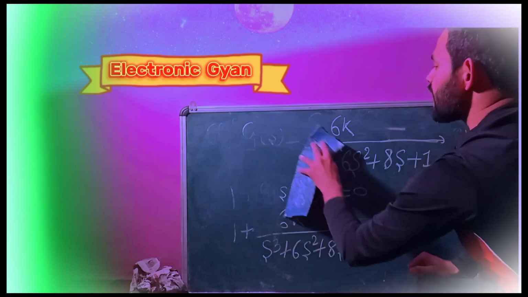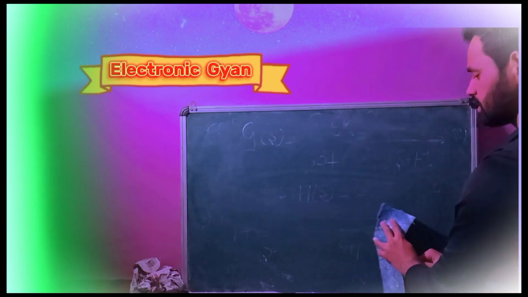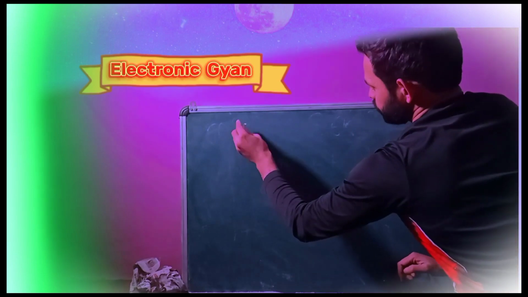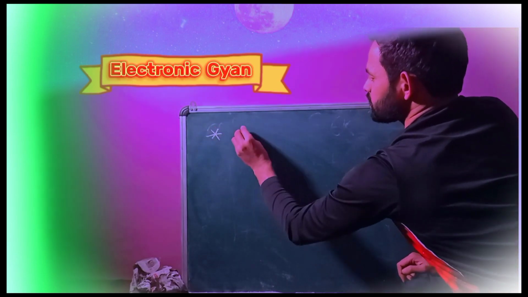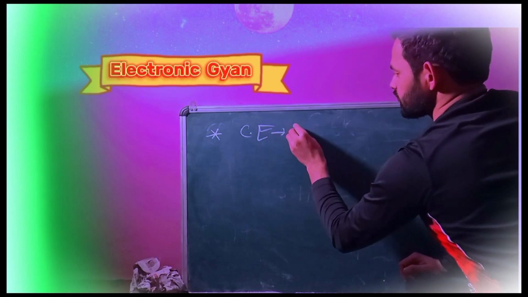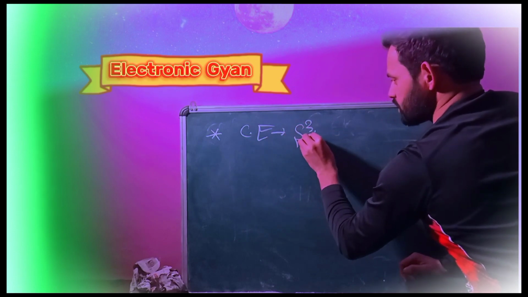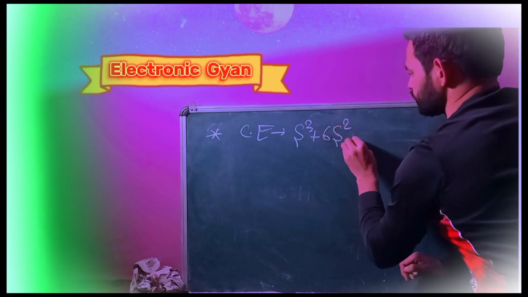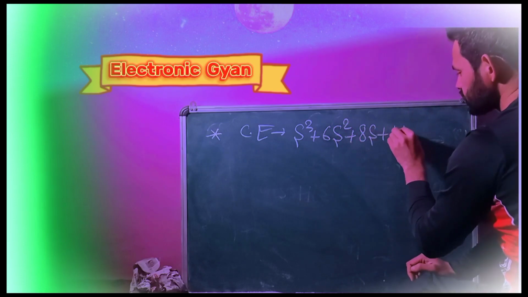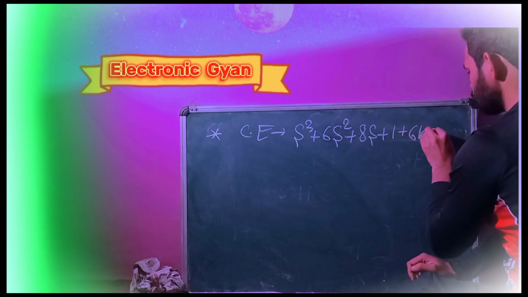The characteristic equation is S cube plus 6S square plus 8S plus 1 plus 6K equal to 0.